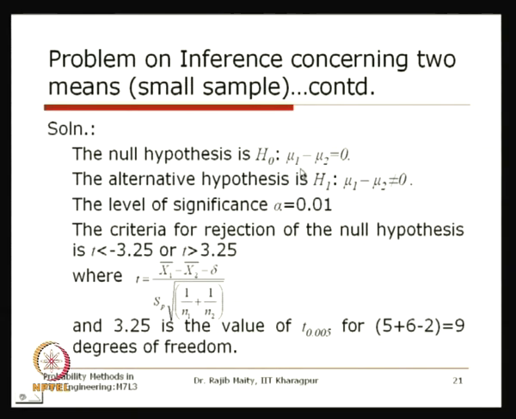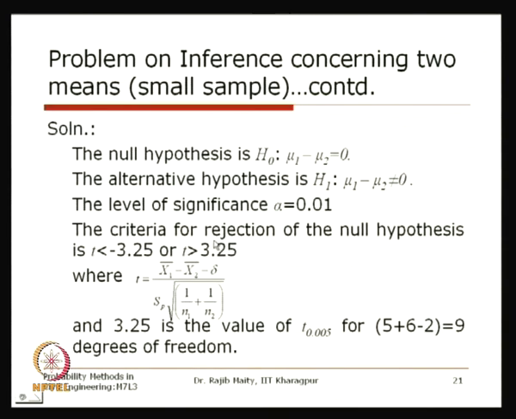This is a two sided test, and the null hypothesis is that mu1 minus mu2 equals 0, because we are trying to test whether these are different or not. The alternative hypothesis is mu1 minus mu2 not equal to 0, which is our test goal. Here the level of significance alpha is 0.01.